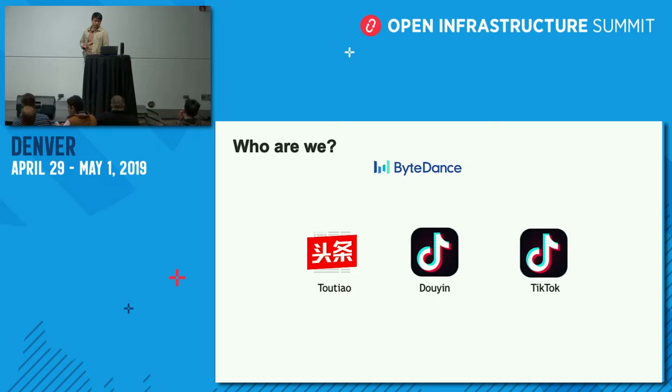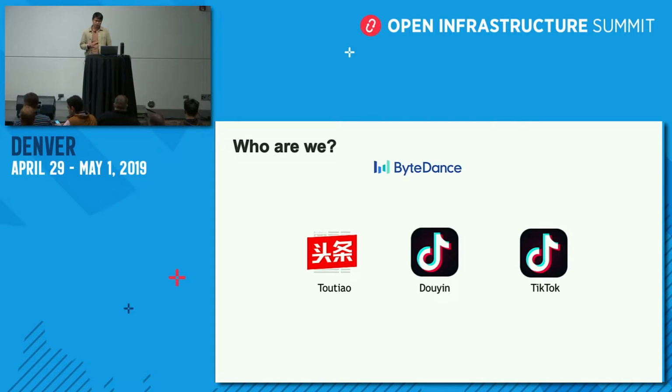Before we begin, I would like to take 1 minute to introduce our company, ByteDance. ByteDance is a technology company founded in 2012. Now we have a range of content platforms across languages, cultures, and geographies.